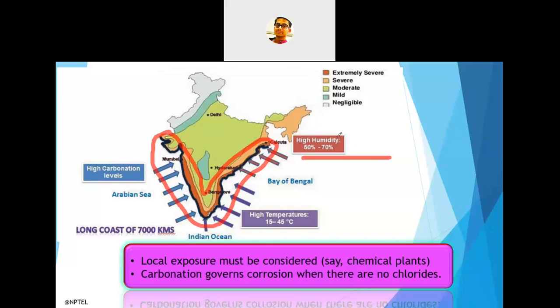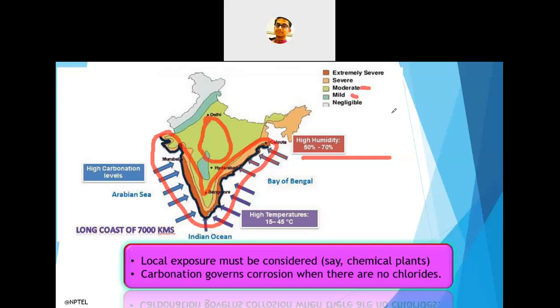Now if you consider a structure which is away from the coastal line, in the interior part, suppose in the moderate zone or in the mild zone, at that time you have to consider the local exposure.